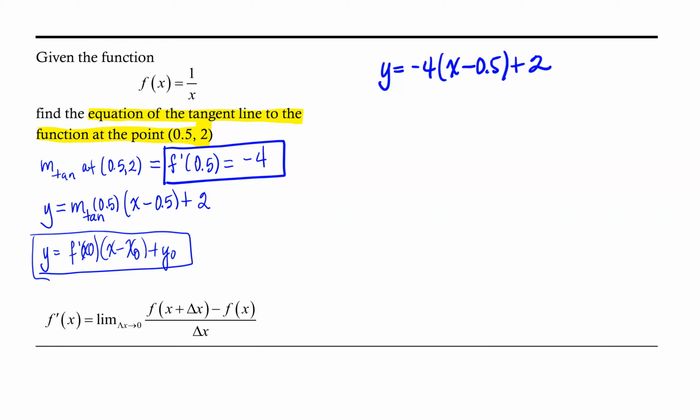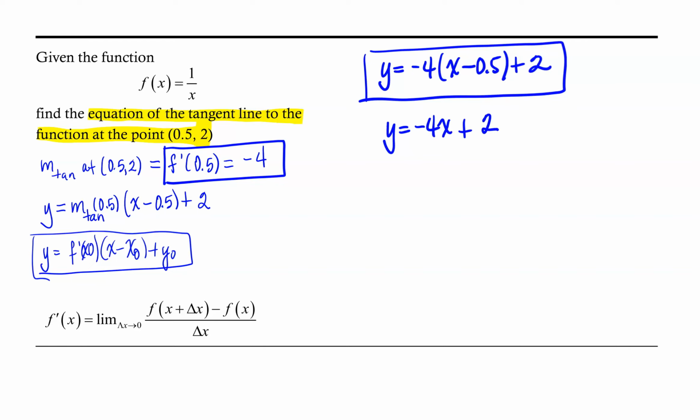times x minus our known x value, so 1/2, plus our known y value. Now that's a perfectly good answer. If I so desired, I could write it in slope-intercept form. So I could simplify that using some algebra. If I distribute the -4, I would get -4x plus, then 4 times 1/2 is 2, and that will be a +2, plus 2.